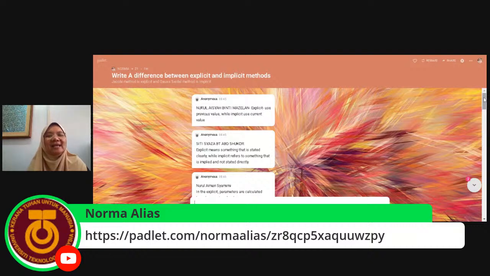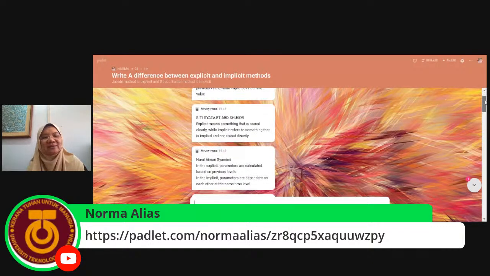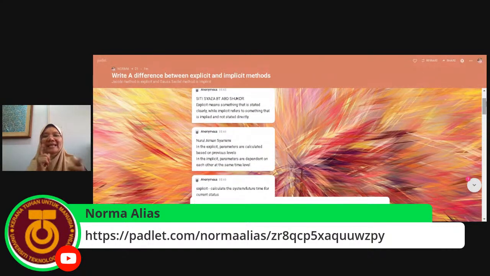And then now, implicit use a current value. I'm still researching a good words. Okay, I know this is all correct, but I want you to relate whatever you learn from the previous.